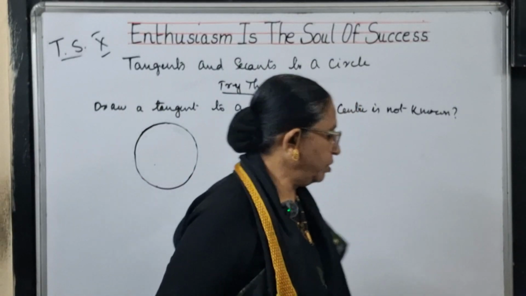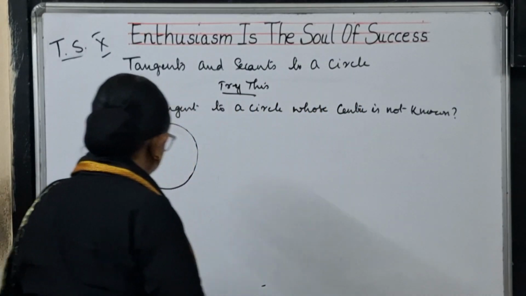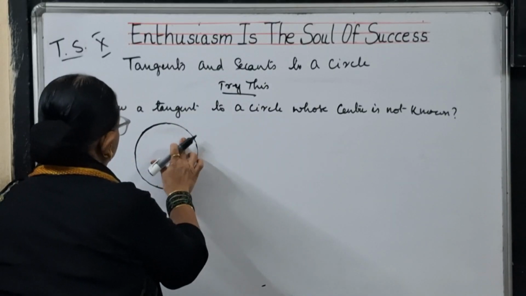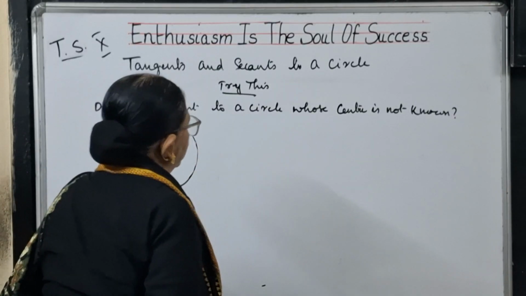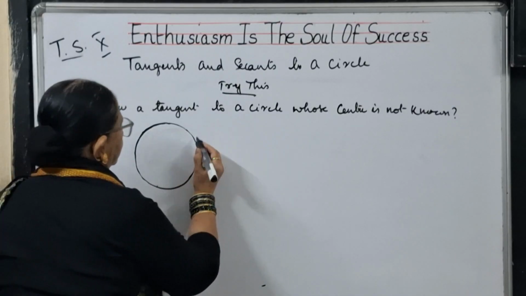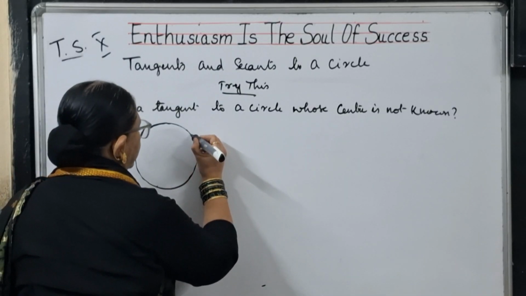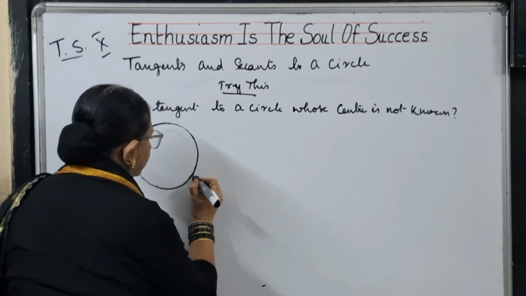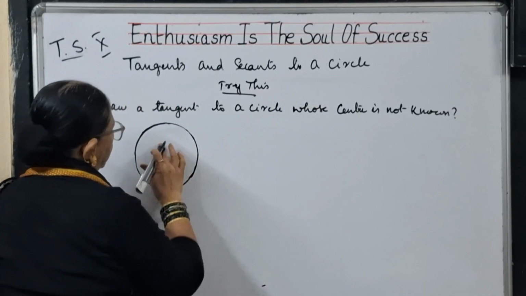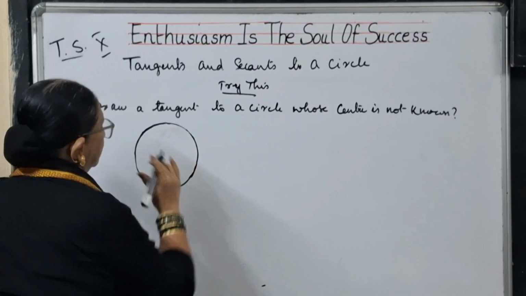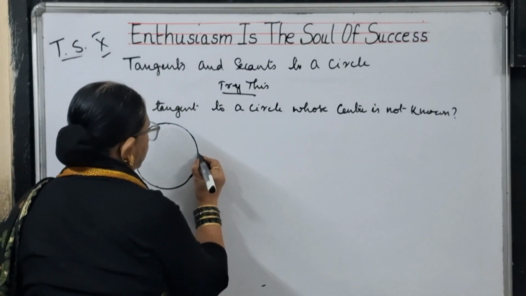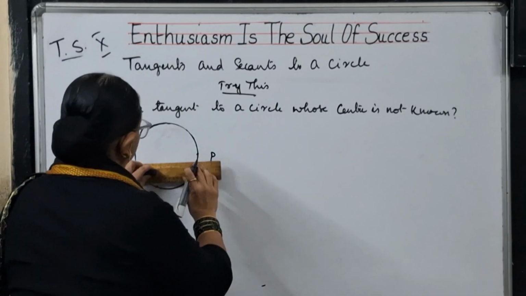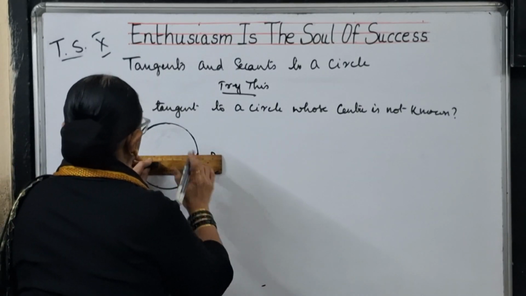Now try this one, children, this is also a very important one. They are asking to draw a tangent to a circle whose center is not known. Suppose this is a circle, children. To this circle, you need to draw a tangent where the center is not known. So first, take a point P on it and draw a secant.